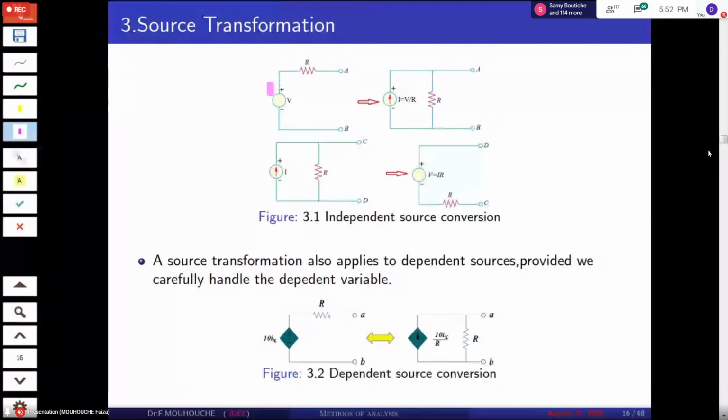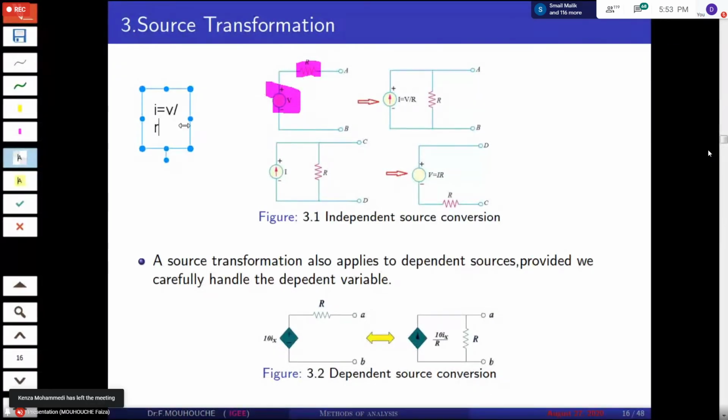Here we have the source voltage and a resistance. The source voltage is in series with the resistance, and we can convert it to a current source with a parallel resistance, so that the current equals, as you normally know, I equals V over R. R is given.